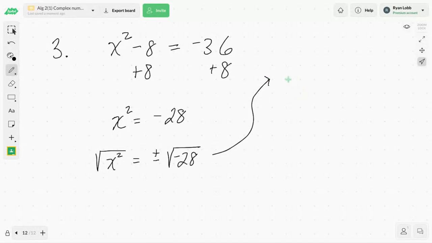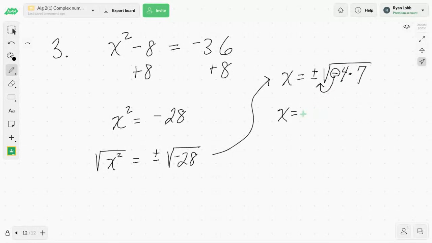Now we simplify. We have x equals plus minus. Now I'm going to write it out so we can see: we have negative what? 28 is 4 times 7. So now negative 4 times 7, so that negative comes out as an i, and the 4 comes out as a 2.